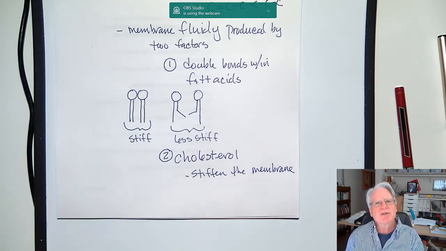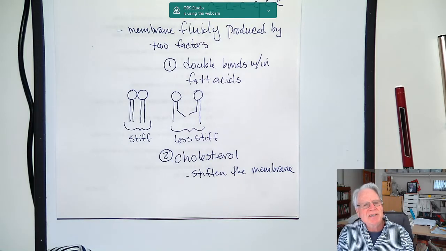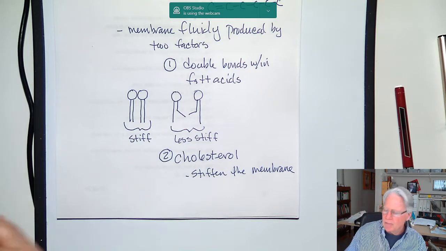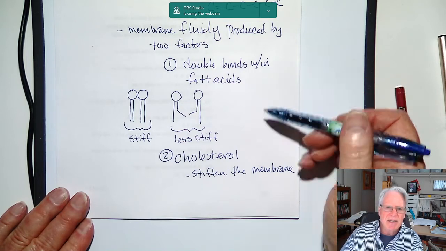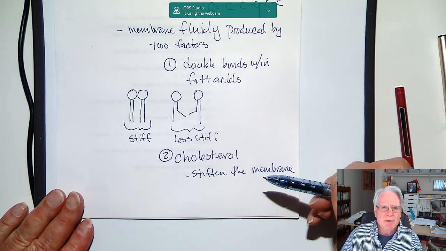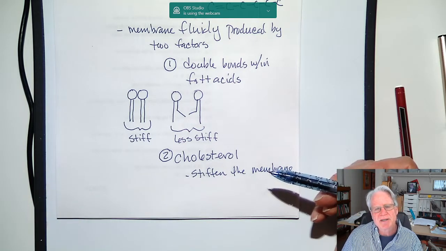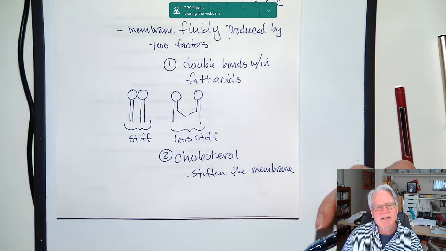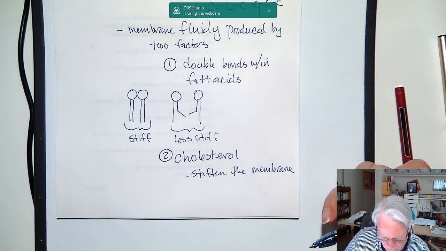So what we're trying to do is strike a balance between flexibility and strength and holding the whole membrane together into a coherent unit. And over time, through evolutionary processes, that balance has been struck very beautifully. Between the double bonds in the fatty acids and the cholesterol, we get just the right amount of flexibility and the right amount of stability of that membrane. Okay?